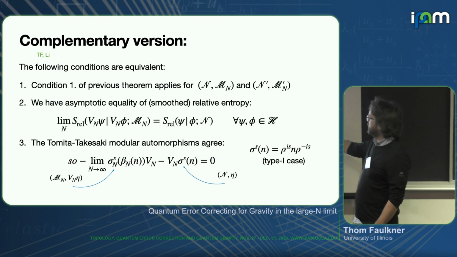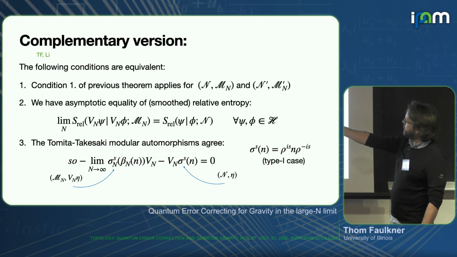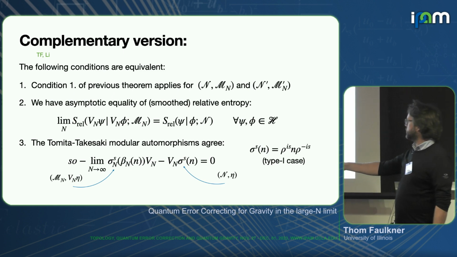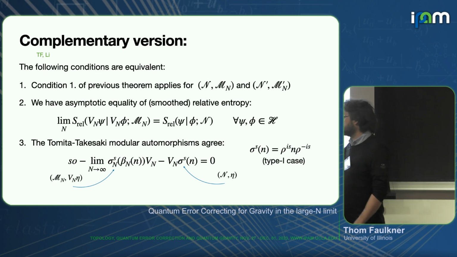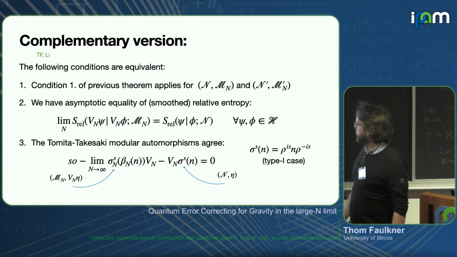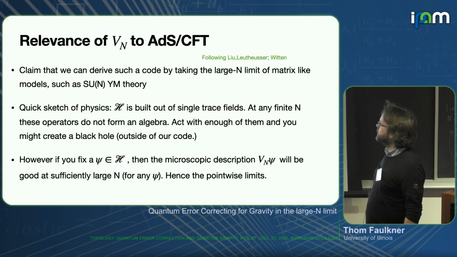If that's true for all states in the code, then you can show this complementary recovery condition, and that's also equivalent to some condition on the modular operators, which I'm not going to talk about in lieu of time. Sorry. Okay. So, all right.